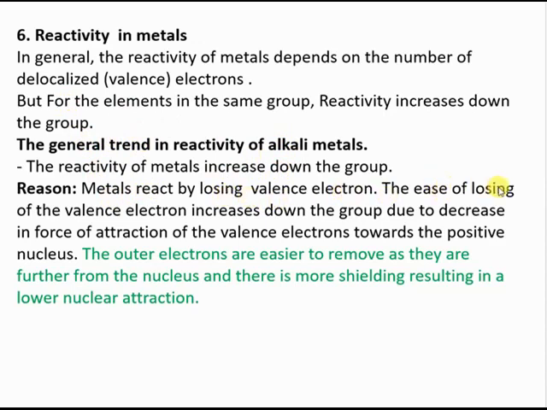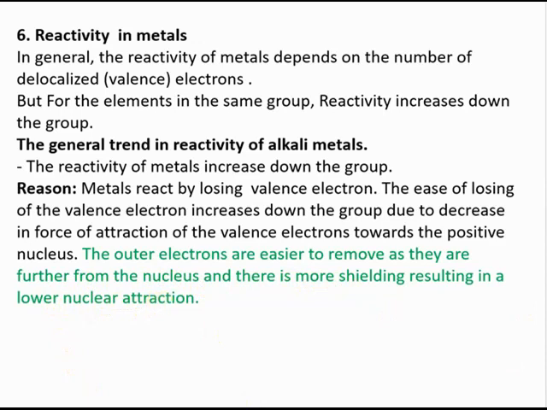The ease of losing the valence electron increases down the group due to the decrease in the force of attraction of the valence electrons towards the positive nucleus. The outer electrons are easier to remove as they are further from the nucleus, and there is more shielding, resulting in a lower nuclear attraction.